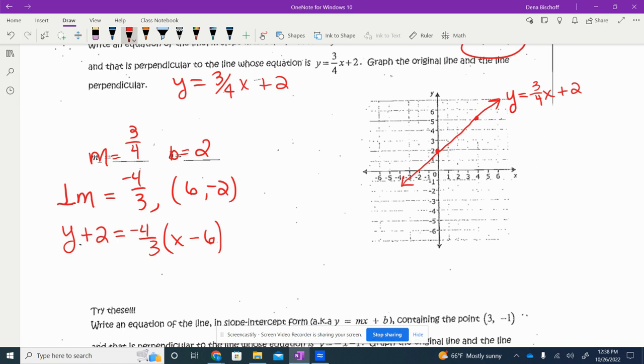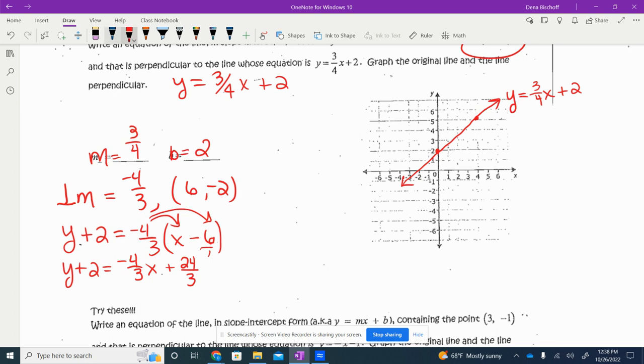Now I need to do what? Distribute. You guys should love that word. -4/3 x. A -4 times a -6 is a positive 24. 3 times 1 is 3. What does 24 divided by 3 equal? 8.